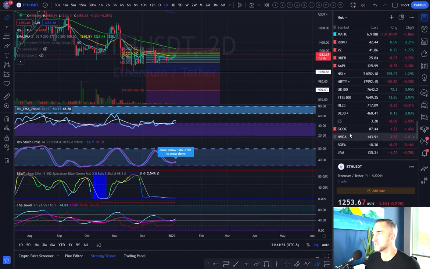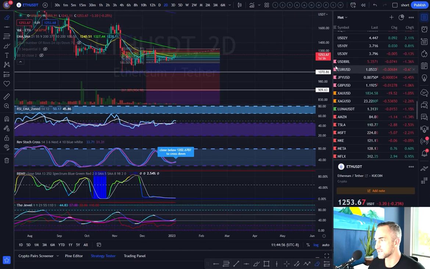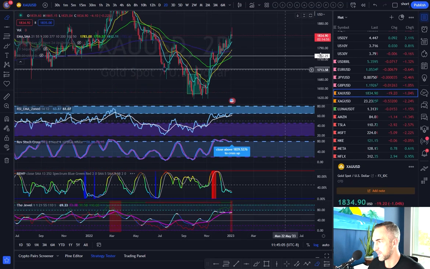Gold is holding strong in a bit of a breakout here, and it does look like it wants to run a bit higher. About to get a sell signal on gold, a pretty good one at that.